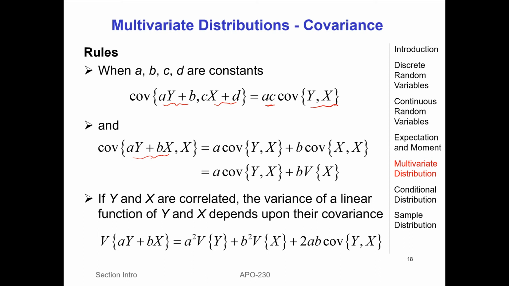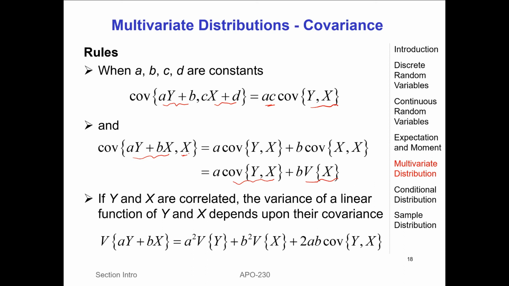Then the covariance of this linear combination with one of these random variables will depend on both the covariance of the two random variables itself and the variance of the other random variable that we're talking about, the x in this case.